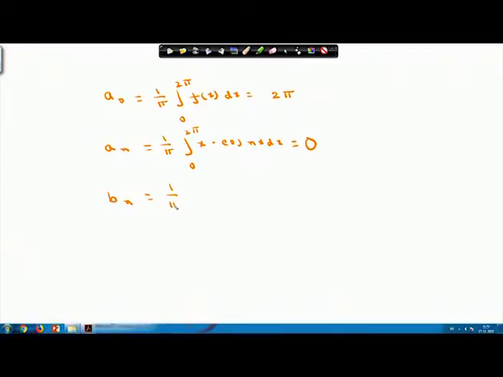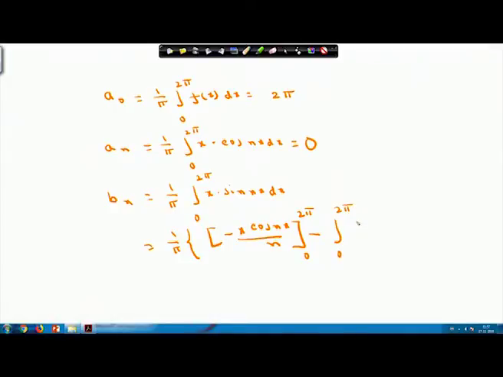Your b n is 1 by pi integral from 0 to 2 pi, f(x) is x, into sin n x dx. So, this I can write down as 1 by pi into minus x cos n x by n, from 0 to 2 pi, by integration by parts, and then we can write down minus integral from 0 to 2 pi of cos n x by n into dx.